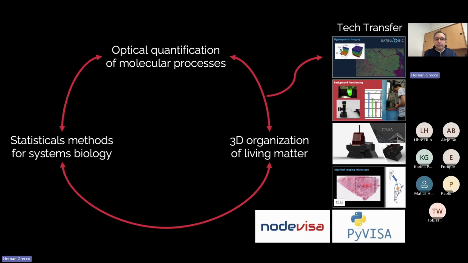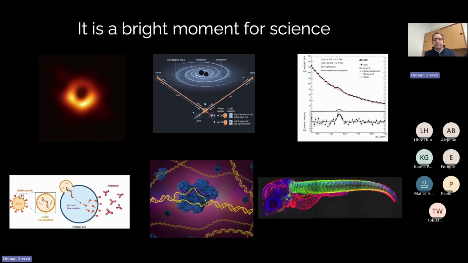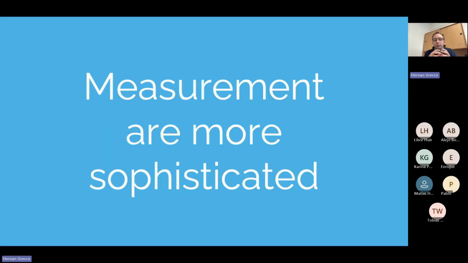I think that today is a bright moment for science. We are witnessing extraordinary scientific breakthroughs, from black holes to gravitational waves, Higgs boson detections, mRNA vaccines, gene editing, and whole specimen imaging, and much more that you can surely think of. But to achieve these fantastic things, measurements are getting more sophisticated.